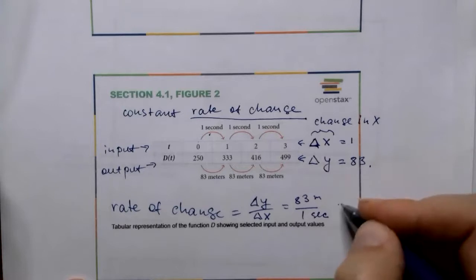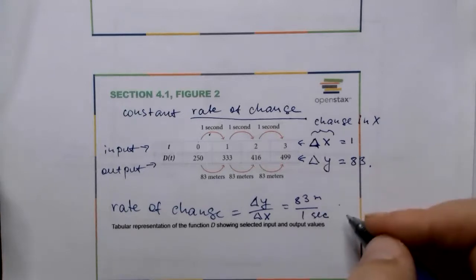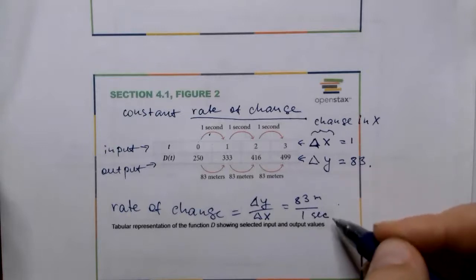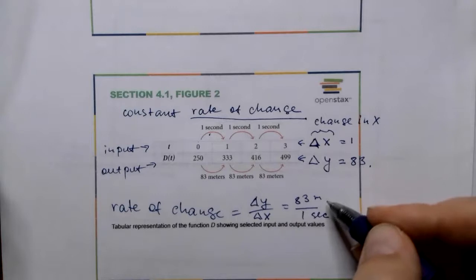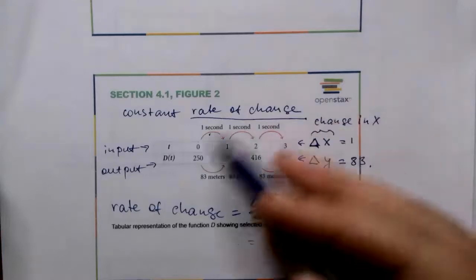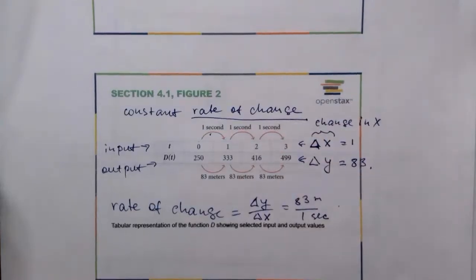So that's a rate of change of the distance. The distance is changing 83 meters per second. It's increasing at the rate 83 meters per second. So this is how it translates.